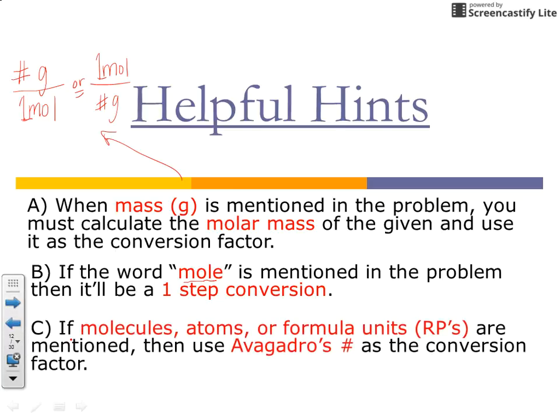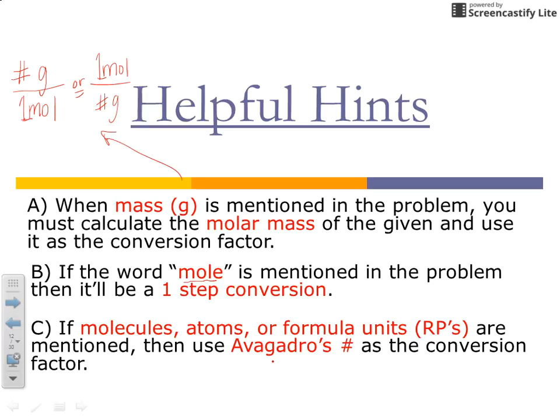The third and final helpful hint is this: when you read your problem, if you see molecules, atoms, or formula units mentioned, remember these are our representative particles. Then we're going to be using Avogadro's number as our conversion factor.